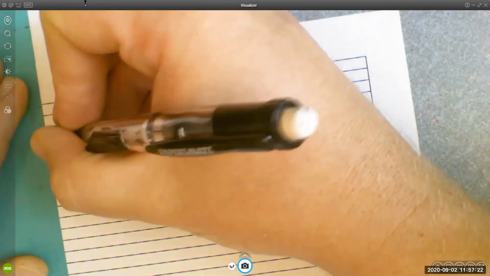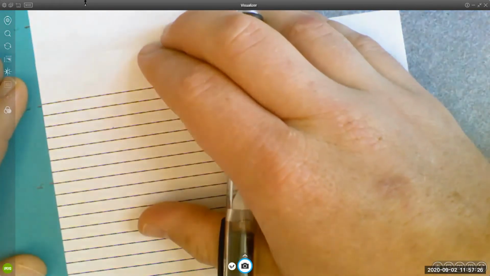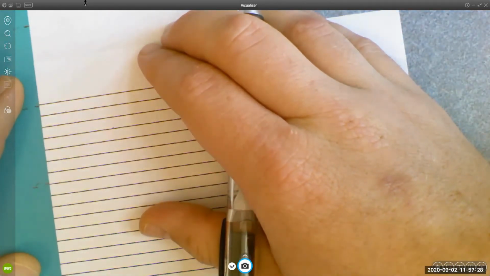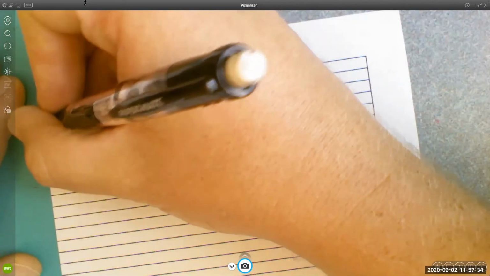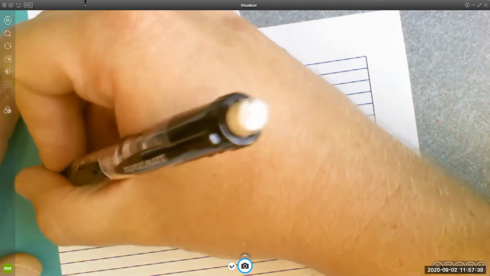Oh, 7. 1, 2, 3, 4, 5, 6, 7. Well, and it doesn't quite line up, man. So my unit isn't quite big enough. Oh well, I can fudge it a little bit. 1, 2, 3, 4, 5, 6, 7.